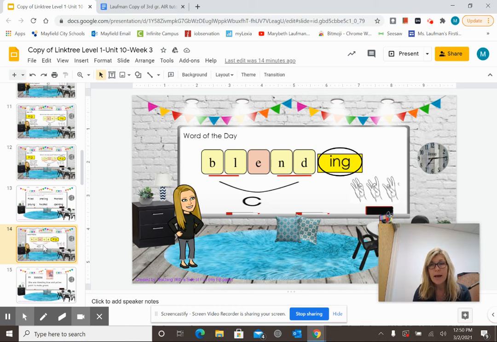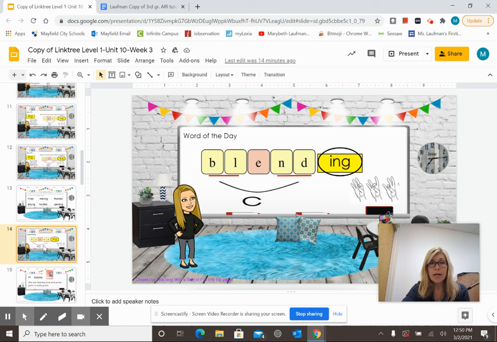And then it has the ING suffix. So we're going to scoop the word blend and circle the ING. If he is blending, he could be mixing things together. He could be blending bananas and strawberries together in his blender. He could be blending colors.